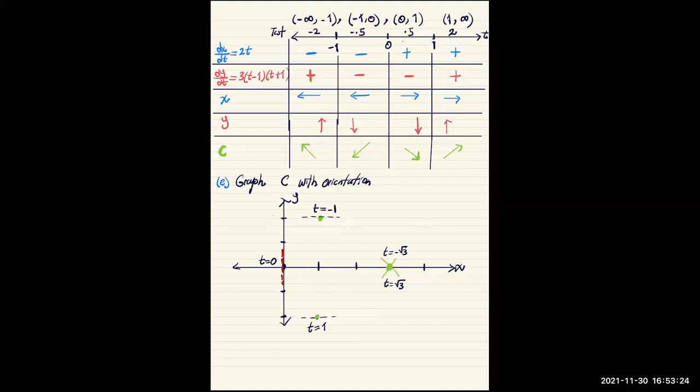Meaning that you can't draw the curve like that. Direction has to always be that way, and we have to go through that point. So it just makes sense to draw the curve like that.